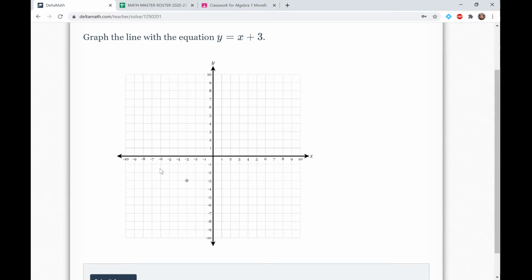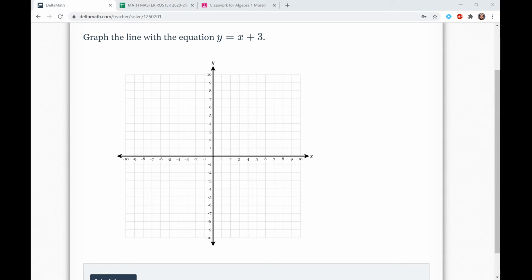Okay, so here's a graph and the equation we're given is y equals x plus 3. We need to make a couple of comments about this equation so that we understand what we're trying to accomplish here. First of all, the very first thing we do when we get a new equation is we determine what the y-intercept is.